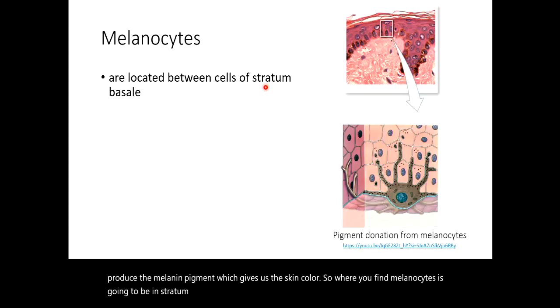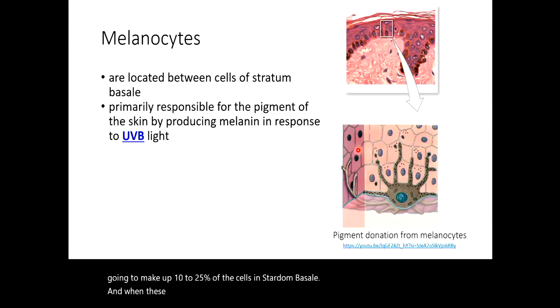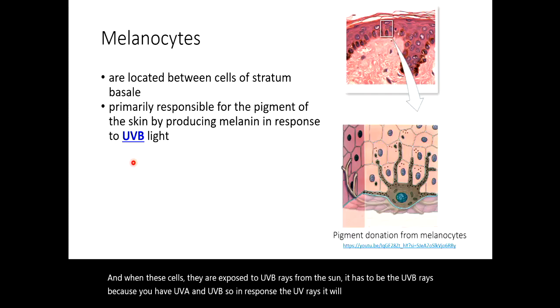So this is in the deepest layer of the epidermis, and I told you it's going to make up 10 to 25% of the cells in stratum basale. And when these cells are exposed to UVB rays from the sun, it has to be the UVB rays because you have UVA and UVB. So in response to the UV rays, UVB rays will produce the melanin pigment.